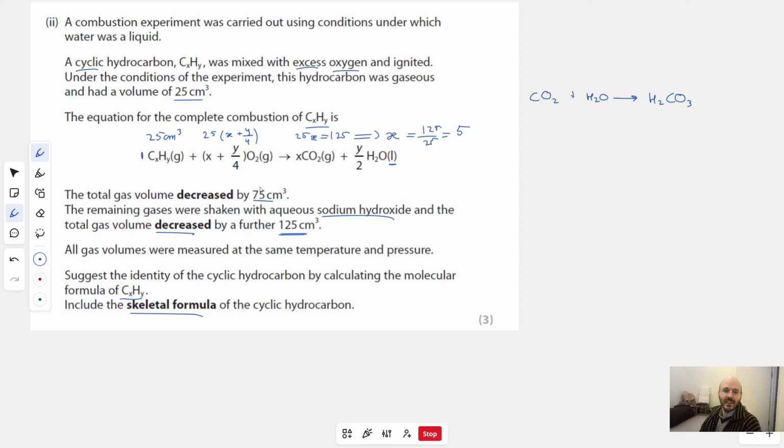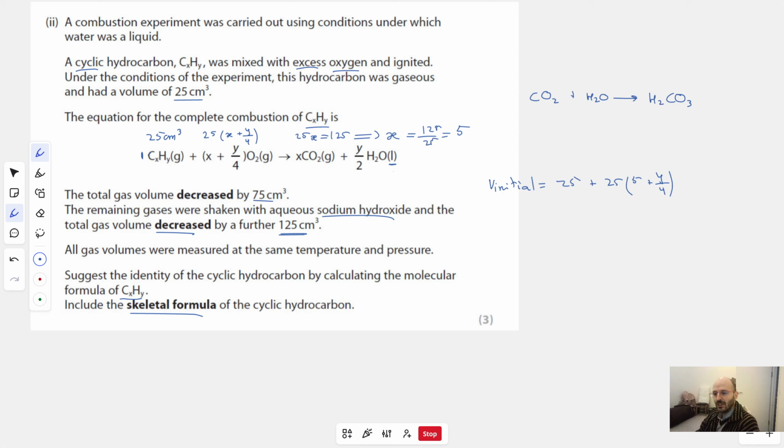Now, they say that when the reaction happens, the total gas volume decreased by 75. So let's say the initial volume is 25 cm³ of the hydrocarbon plus 25 times x, which we know is 5, plus y over 4 cm³ of oxygen.